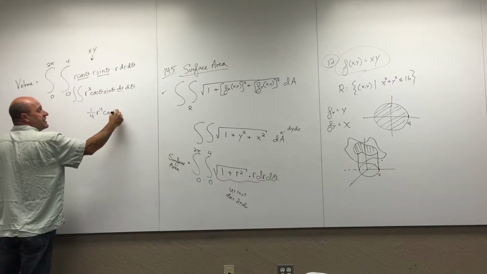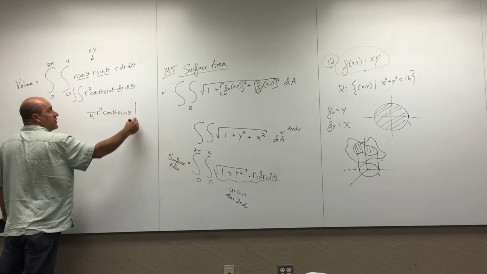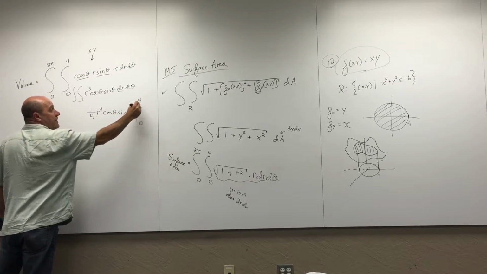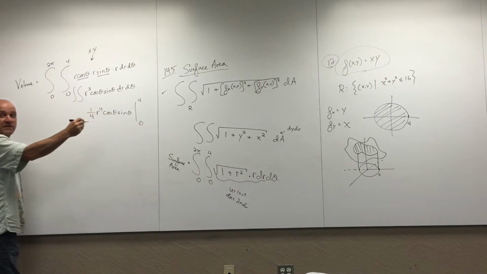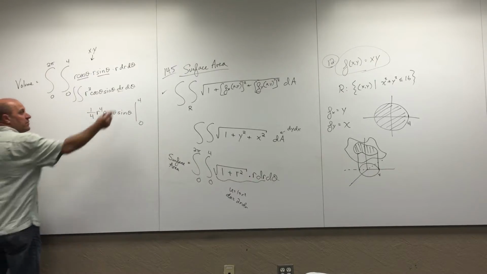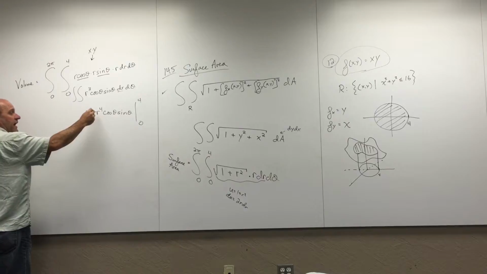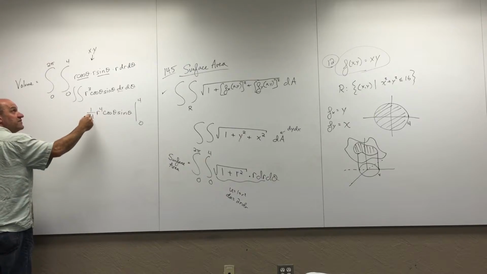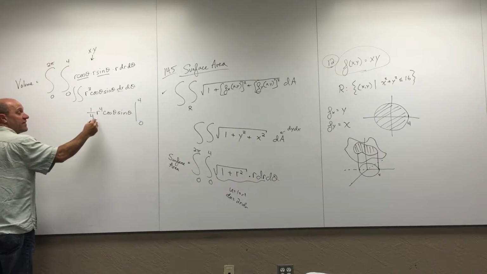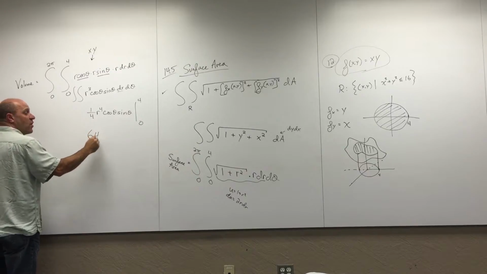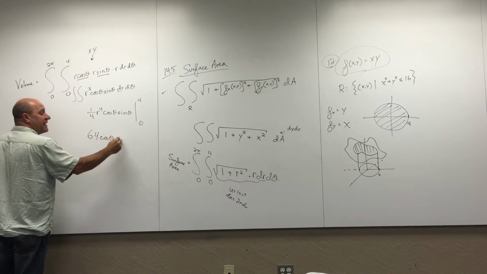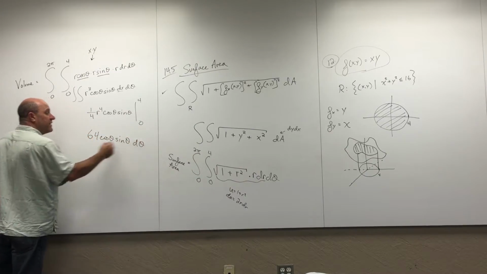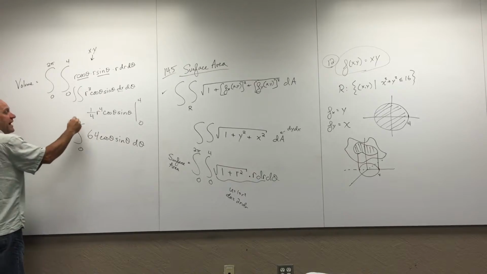These just sit here as constants. You evaluate from 0 to 4. When you plug in your 4, it's kind of sweet because it cancels with one of these 4s, leaving me with 64, I think. So I'm left with 64 cos theta sine theta d theta, integrated from 0 to 2 pi.